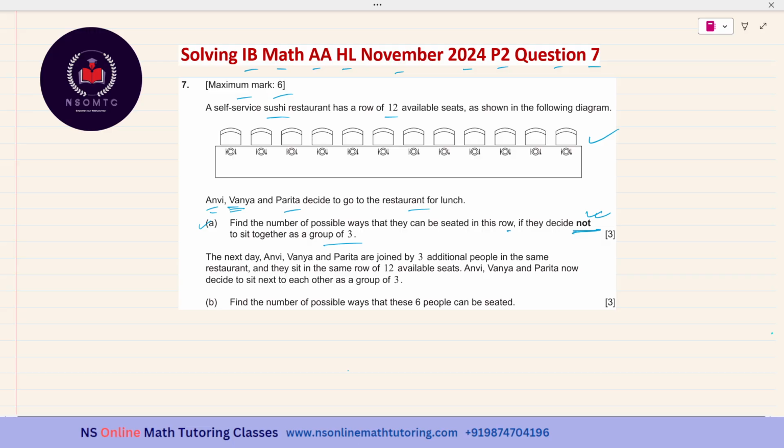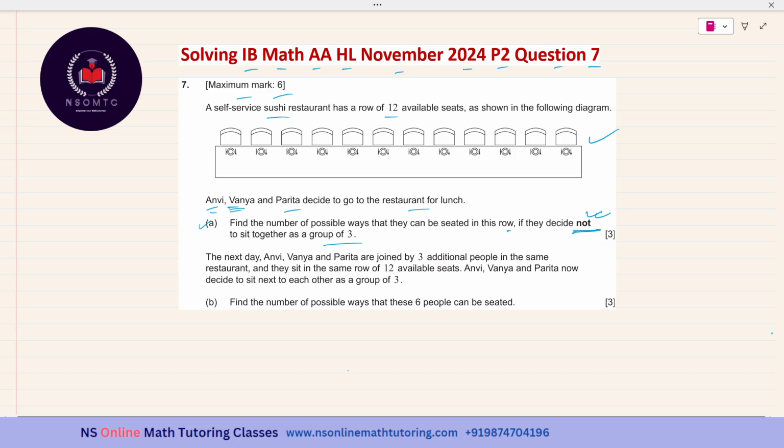So, first we will find the total number of ways in which these 3 people can be seated. After we get that, we find the total number of ways in which they can be seated together, and we subtract.